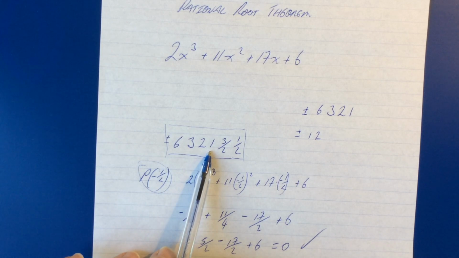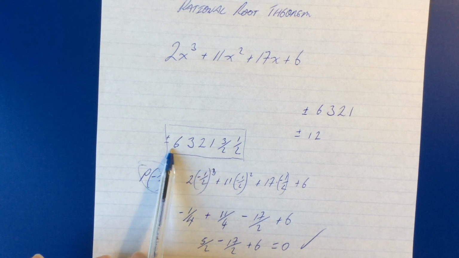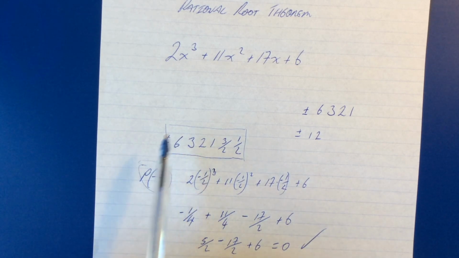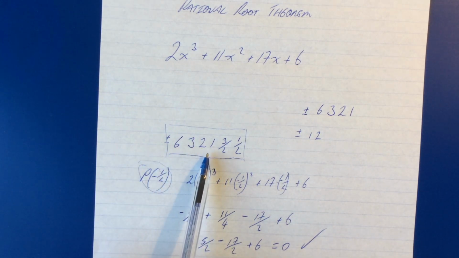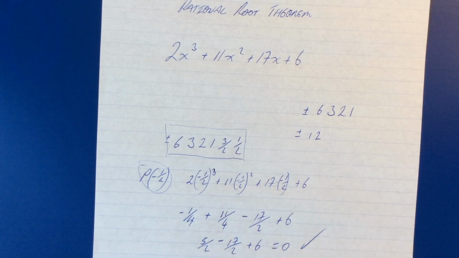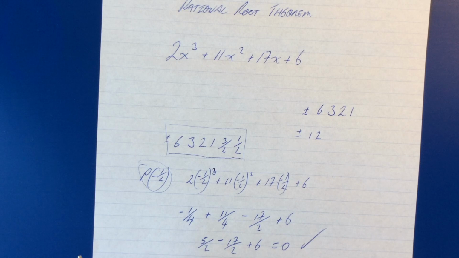And it's entirely possible that some of these may not turn out to be satisfactory candidates. So you could potentially be wasting your time, and you've missed the fractions. And it turns out that a fraction is a solution to this.